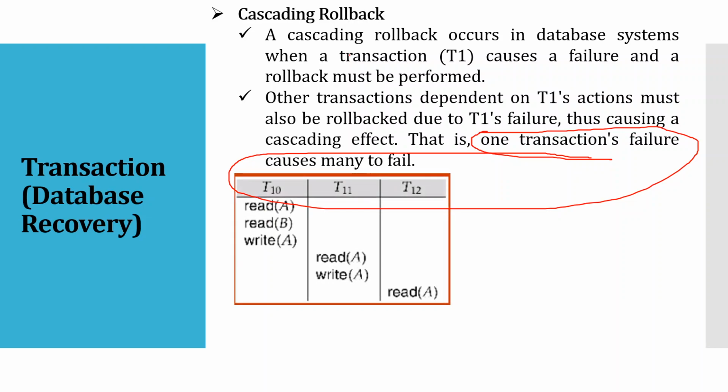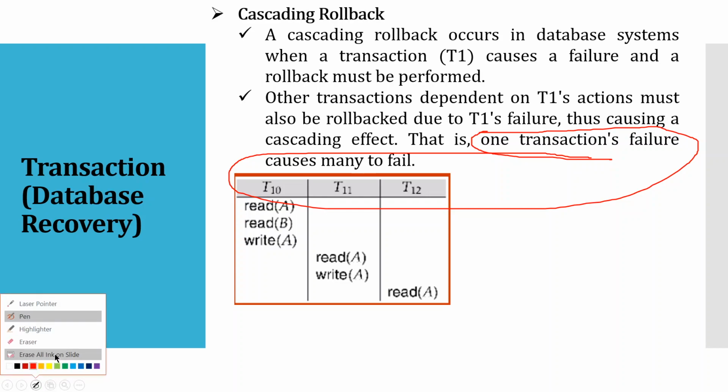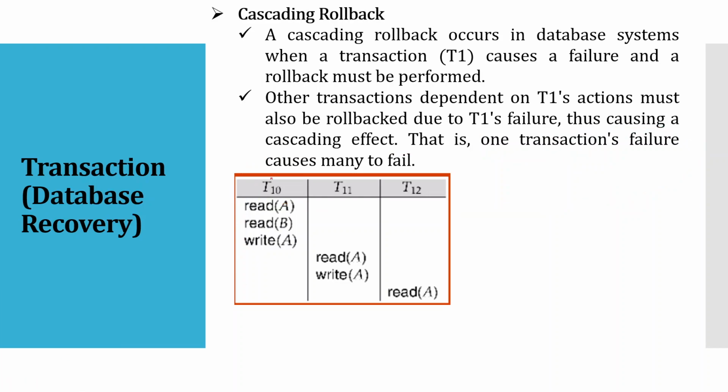See this example. In T10 there are operations: read A, read B, write A. Here it is read A, write A, and here it is read A. We can assume that this highlighted read A is dependent on this write A, because it is reading data which has been written by this particular transaction.